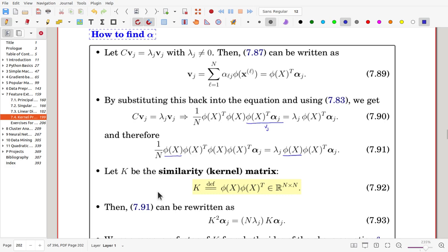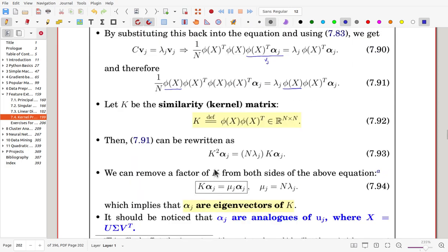If we define this portion as K, that's called the similarity matrix. Then the left-hand side will be K squared alpha_j, and the right-hand side will be K alpha_j. By multiplying n over there, we reach K squared alpha_j equals n lambda_j, the constant, times K alpha_j.